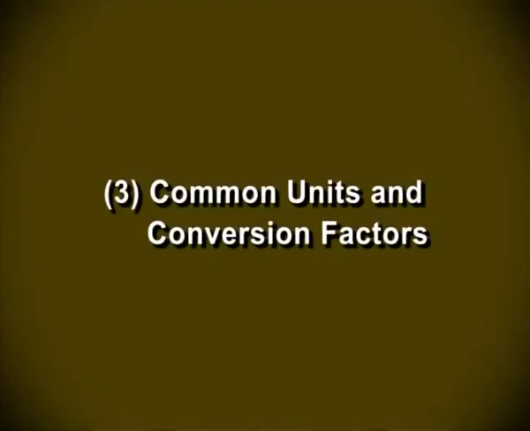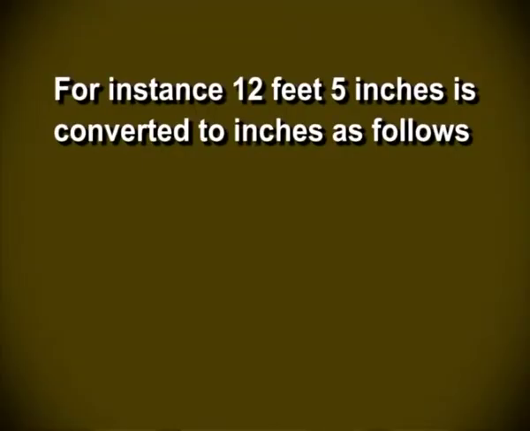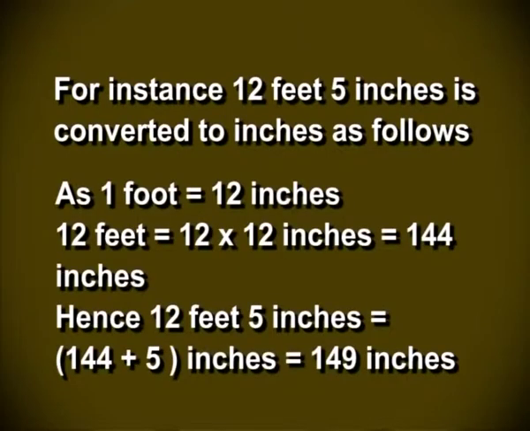Common units and conversion factors. Unit conversion is a multi-step process that involves multiplication or division by a numerical factor. For instance, 12 feet 5 inches is converted to inches as follows. 1 foot is equivalent to 12 inches, therefore, 12 feet would be 12 multiplied by 12 inches, which is equal to 144 inches.